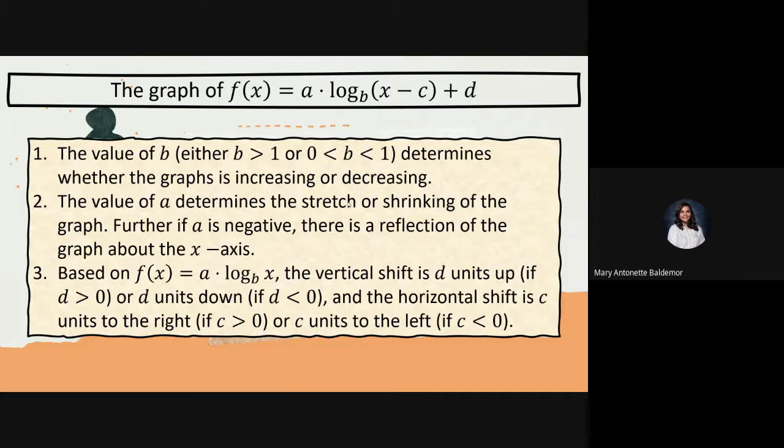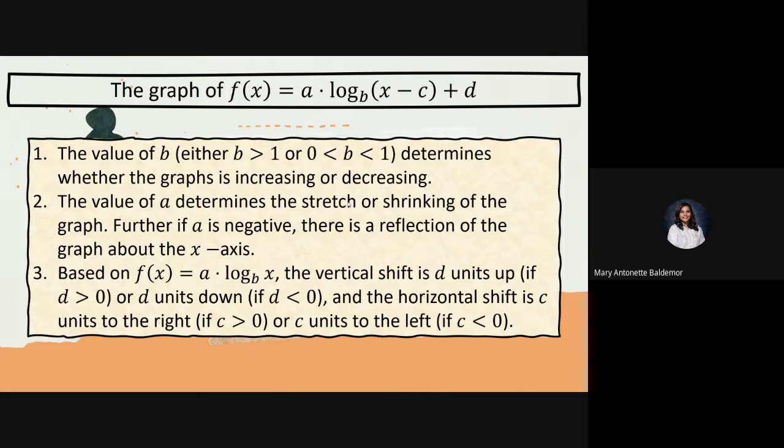Now, basically, it only describes the behavior of the graph. The d here, the one on the last part of the function, will describe whether the graph will move upwards or downwards.